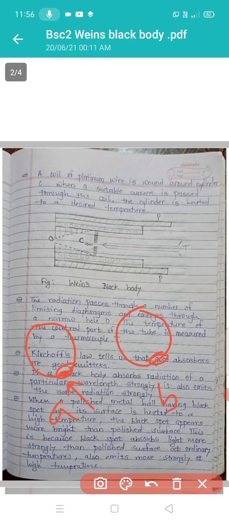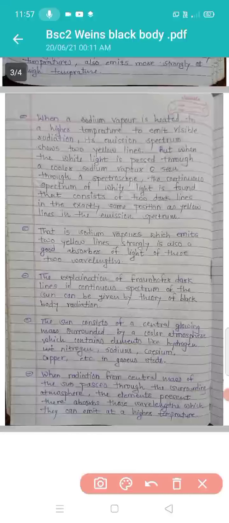When sodium vapor is heated to a very high temperature, it emits visible radiation.